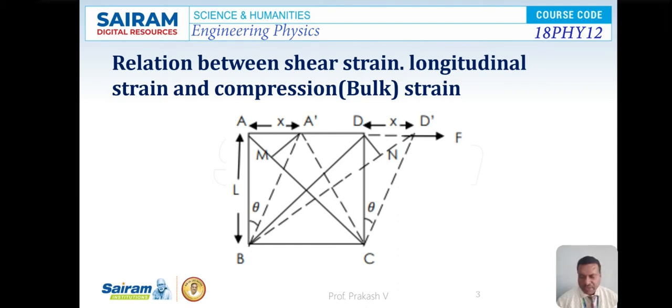Let theta be the angle of shear, which is very small. Also one can notice that the diagonal AC of the cube is now shrunk to a length A dash C and BD is stretched to BD dash. So this is the information about this diagram.